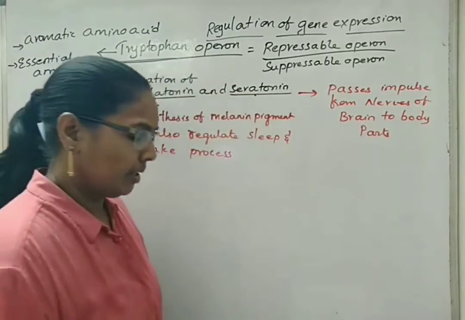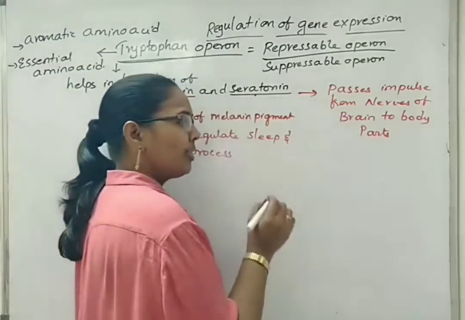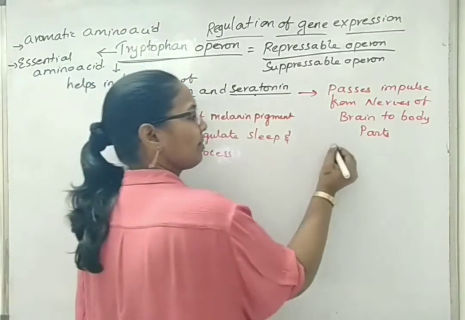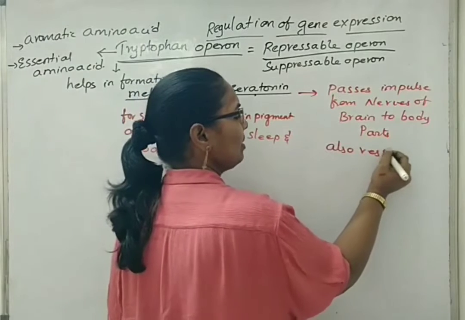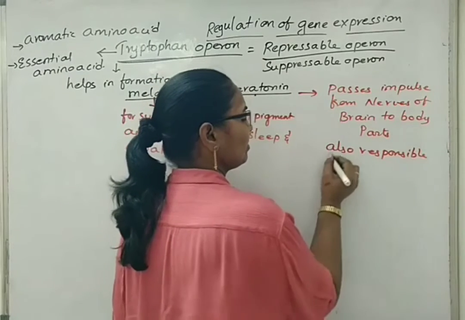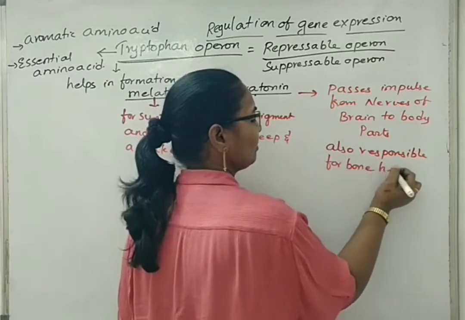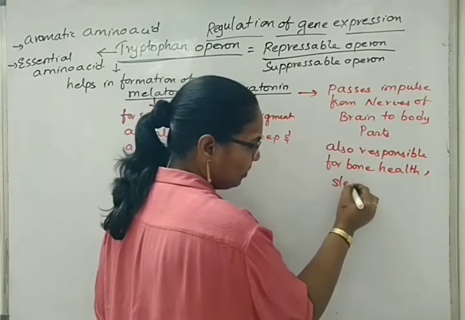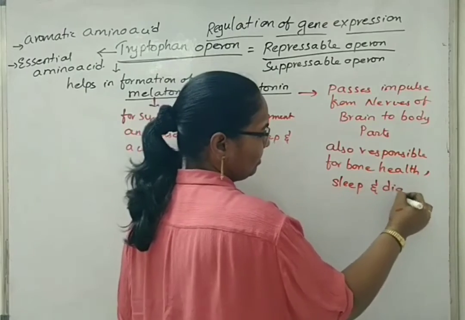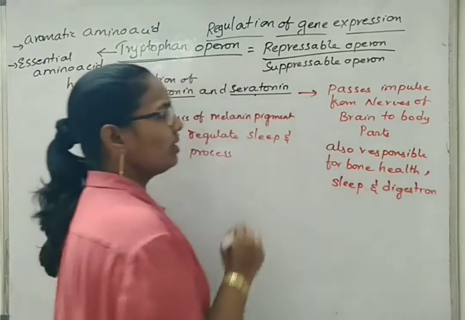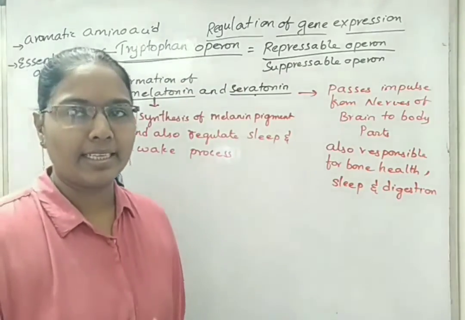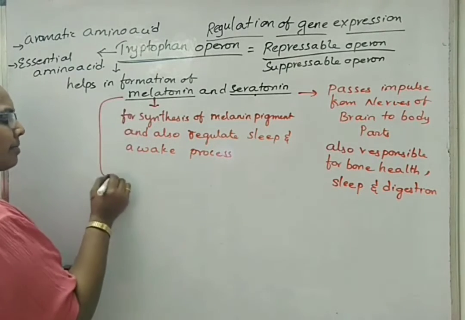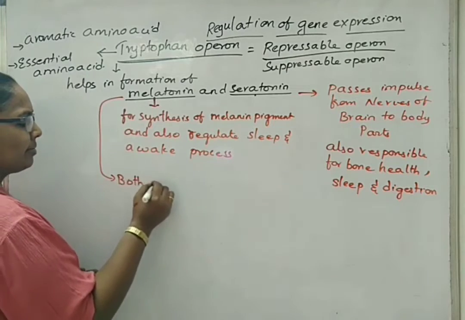And the serotonin is also responsible for mood, digestion, and also bone health, and sleep. This serotonin is different from secretin. Melatonin and serotonin both are secreted in the pineal gland.